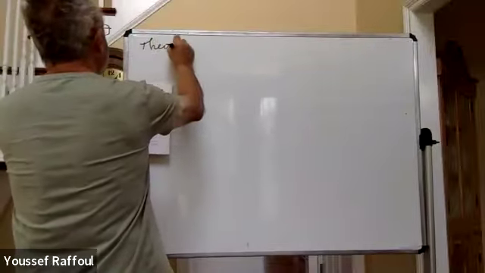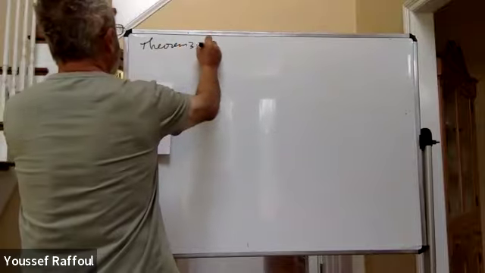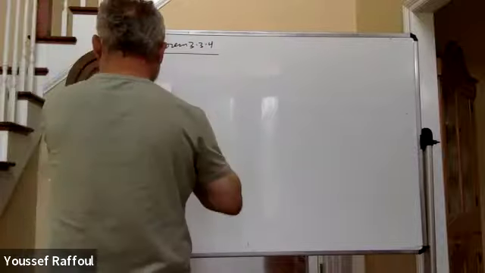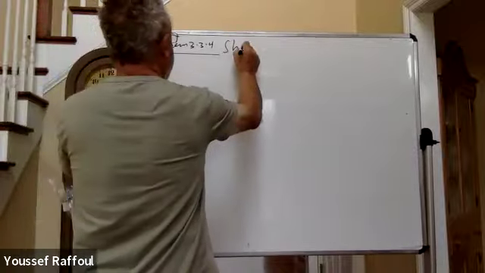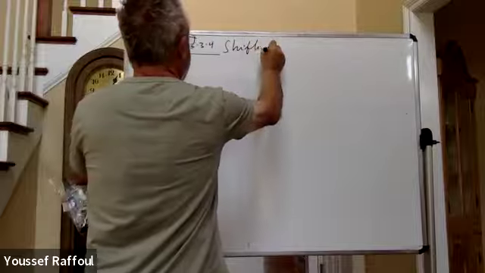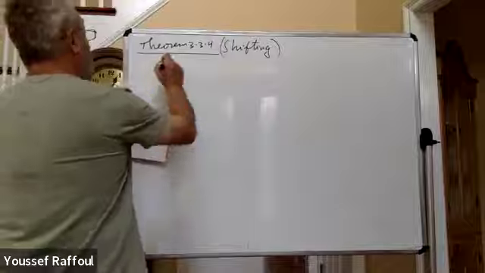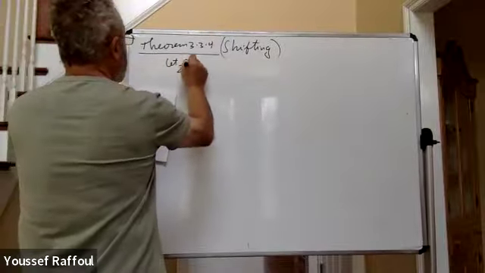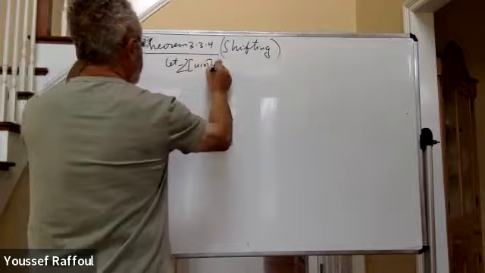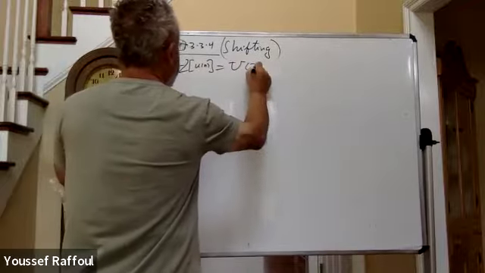Theorem 3.3.4. This is shifting. Could be to the right or to the left. So let Z of u_n equal U(z).